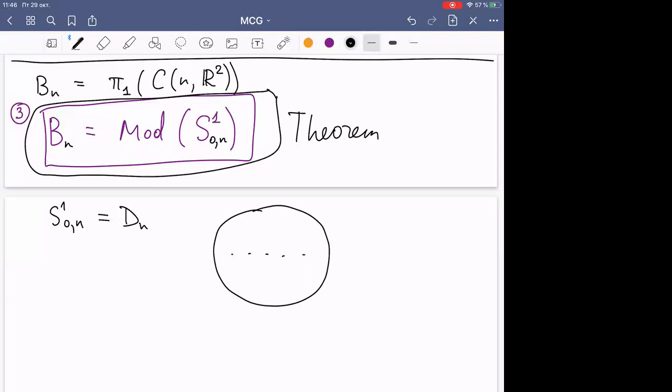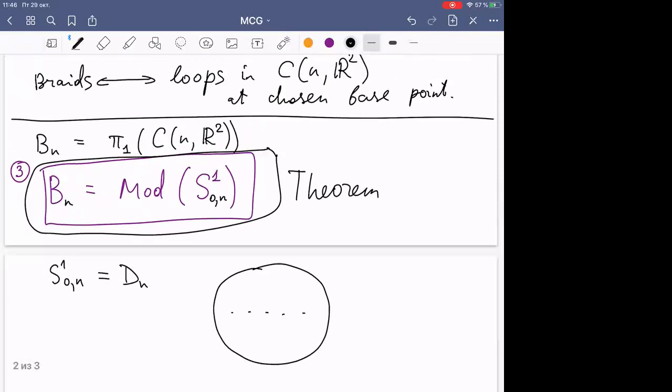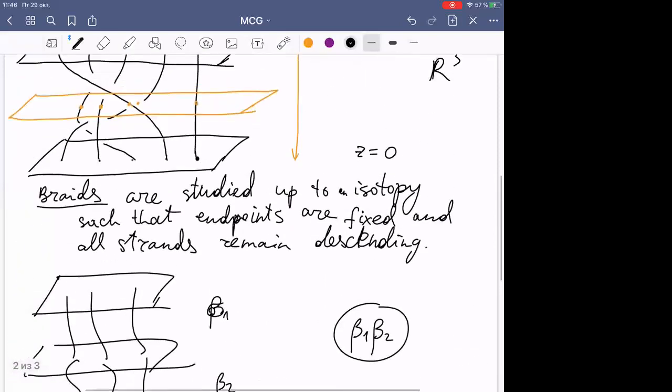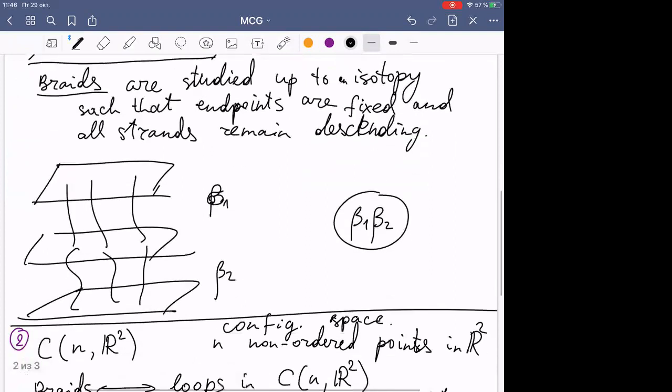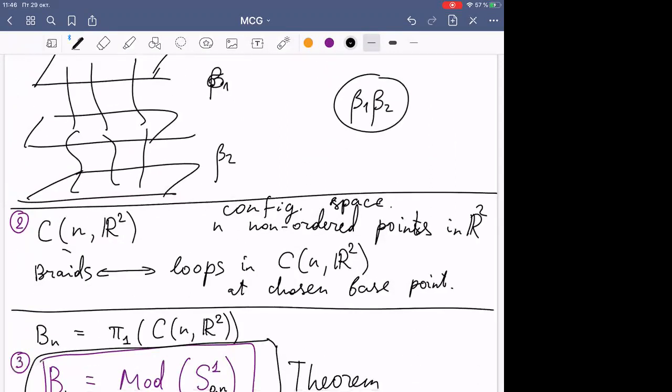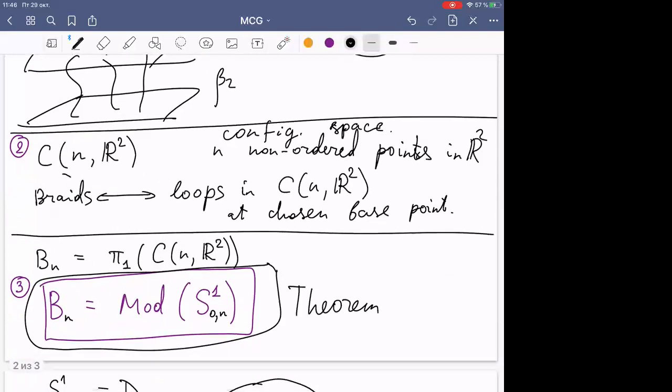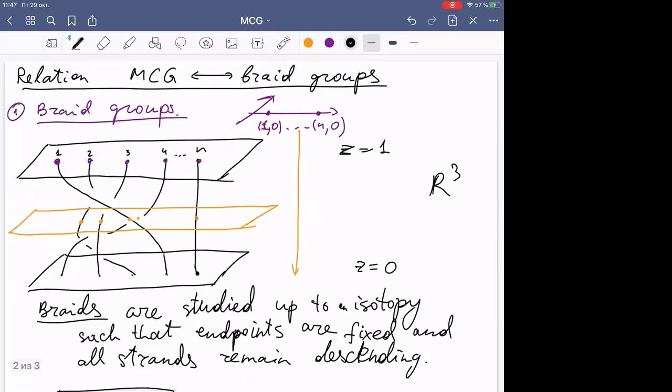Actually, before proving, let us first note that when we consider such braids from the geometric point of view, or these loops in configuration space, it is not important whether we consider R^2 or a disk.